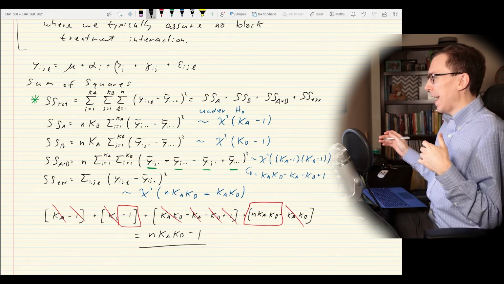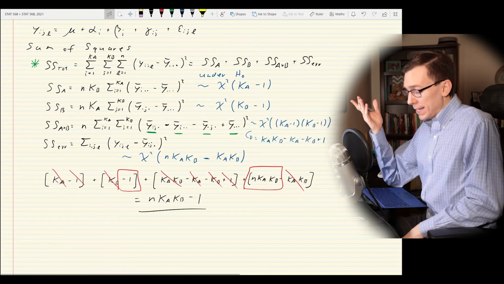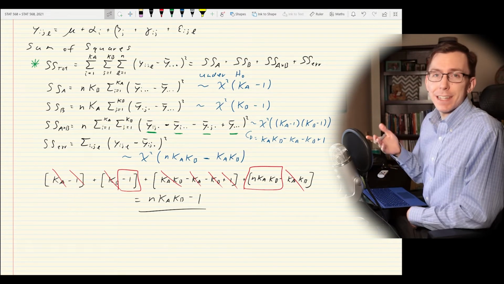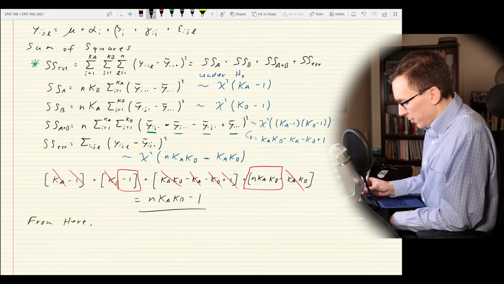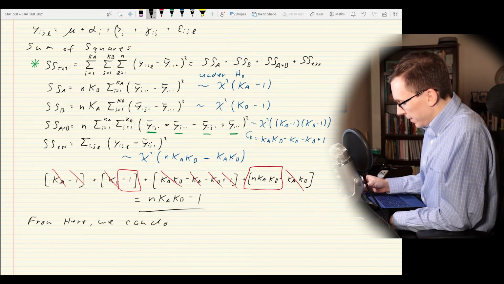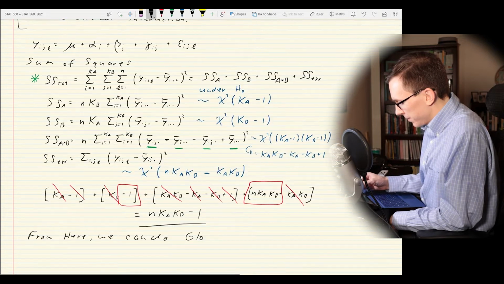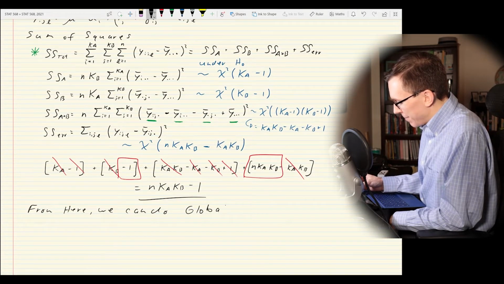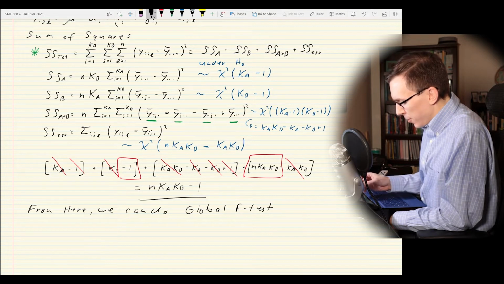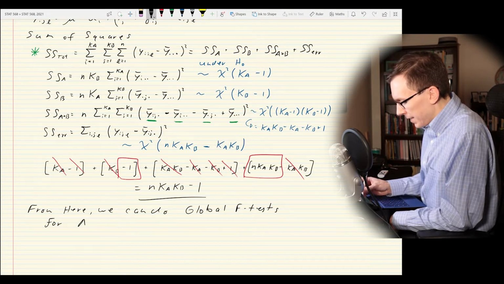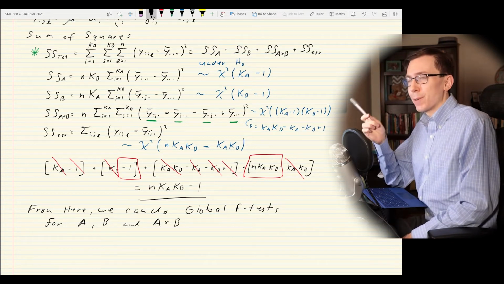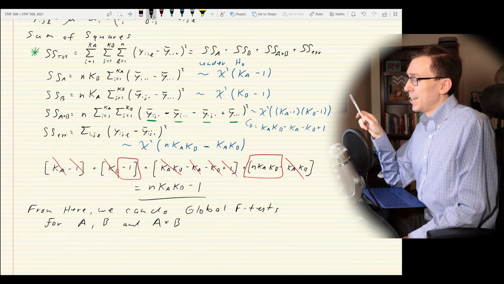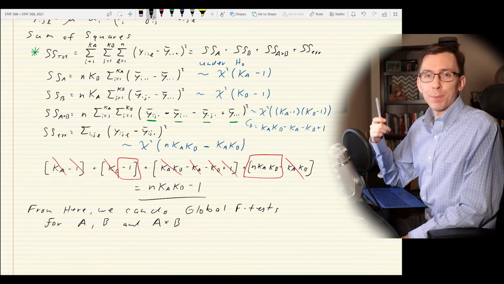That's good. And from here, we basically just go forward and say we can now do global F tests for A, B, and A cross B. It is always good to remember that we are doing 3 hypothesis tests here, so we may need to consider multiple testing correction.